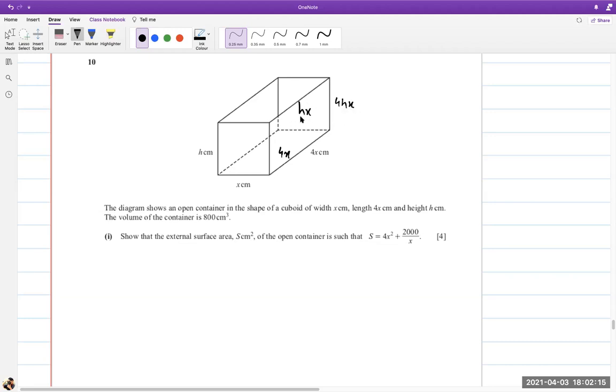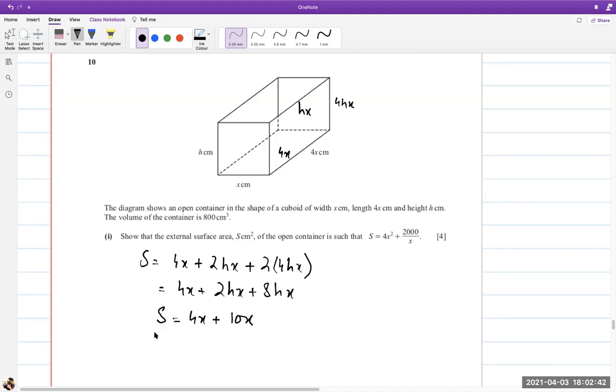Okay, so what will the total surface area be? Bottom plus 2 sides, so 2 times hx plus 2 of the adjacent sides, so 2 times 4hx. So I get 4x plus 2hx plus 8hx, that is 4x plus 10x.